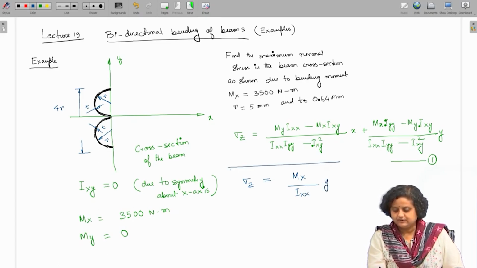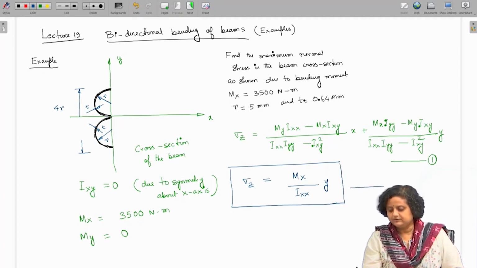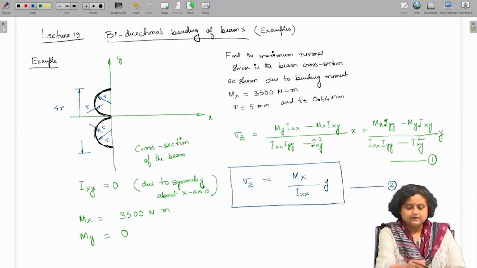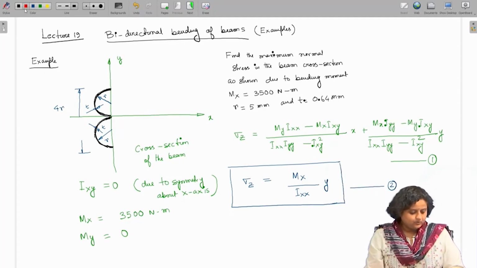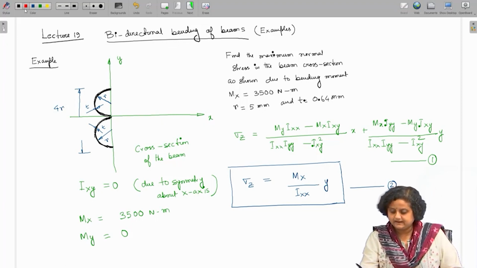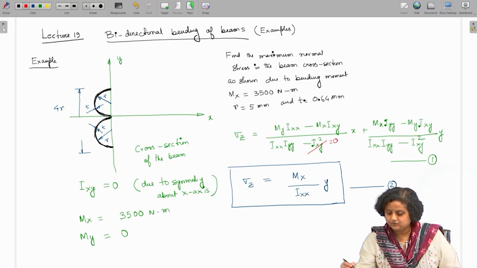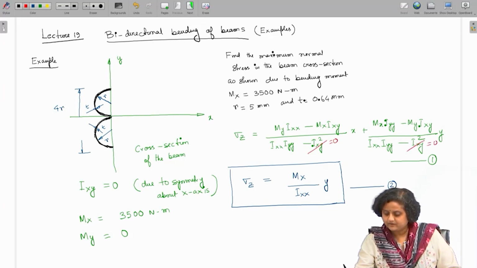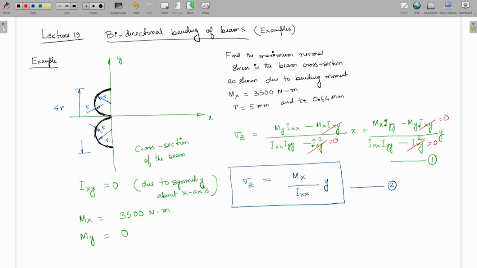This is the simplified expression for this particular example. We get this by saying that Ixy is equal to 0 and My is equal to 0.